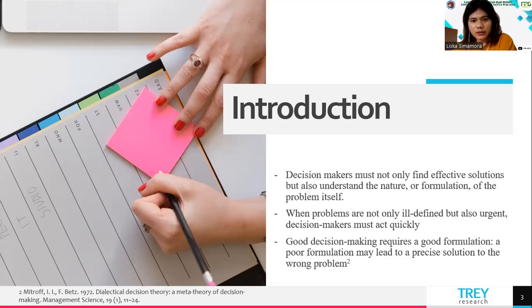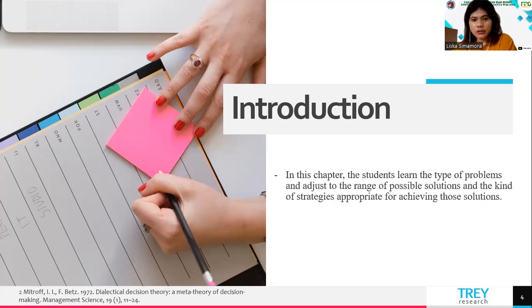So the next one is this one. The students learn the types of problems and adjust to the range of possible solutions and the kind of strategies appropriate for achieving those solutions.